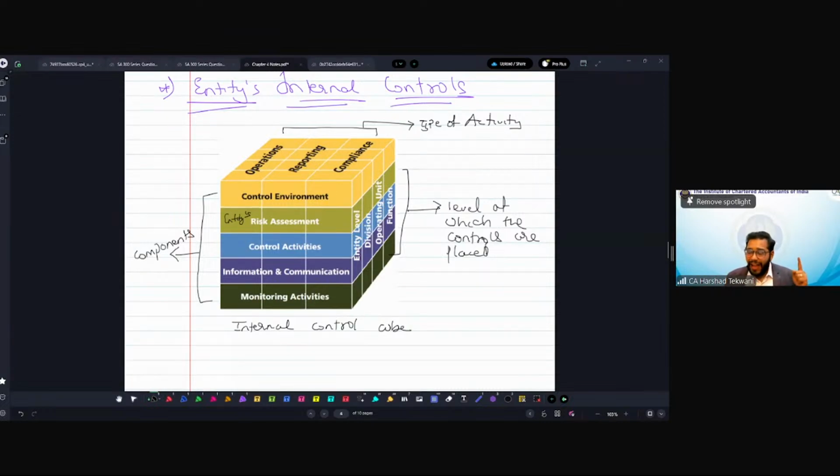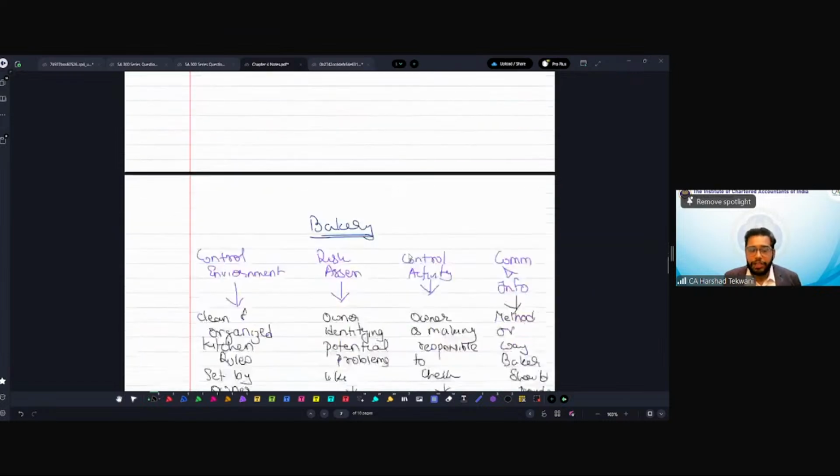If I identify any significant deficiency in the internal control, that will directly impact my reliance on the internal controls. Not only risk assessment, but let's say for example, you have issues with the control environment, you have issues with the control activity, you have information and communication issues.